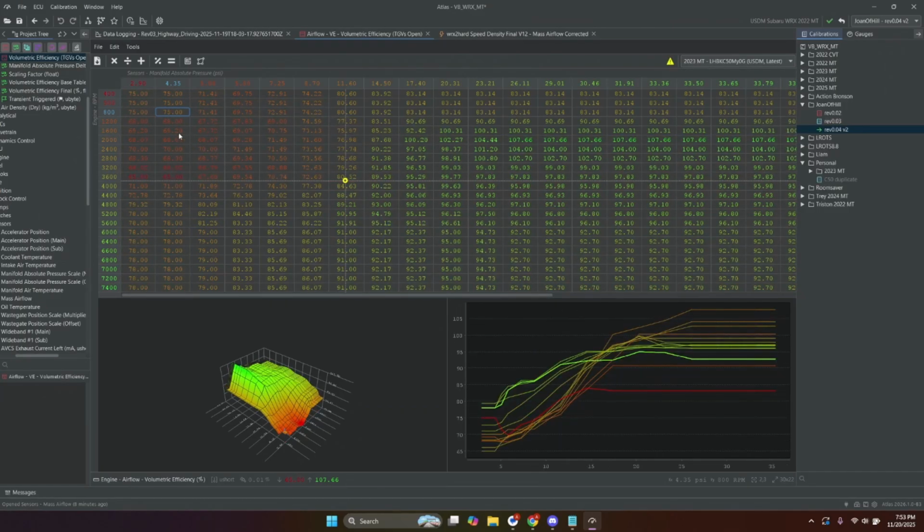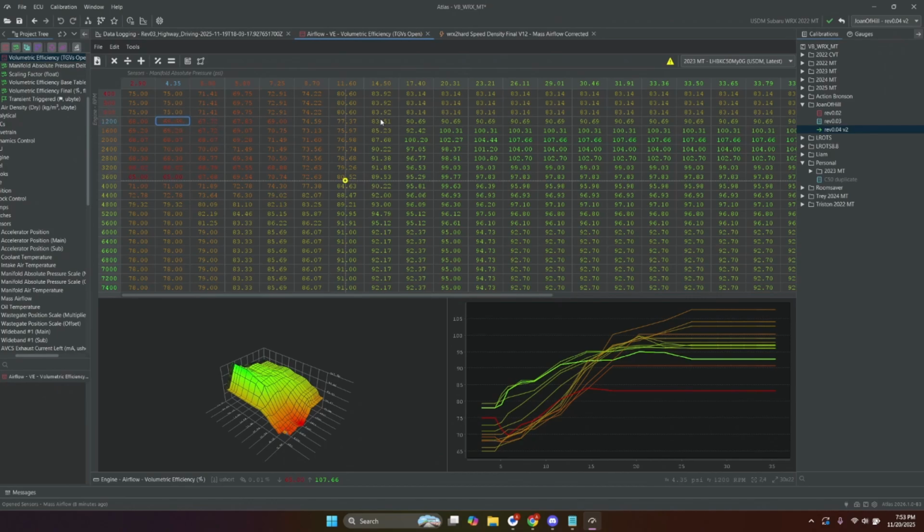This is your stock VE table right here, the 2023 VB VE table. All of these values, so this is 75, which is pretty close, but it's still wrong.